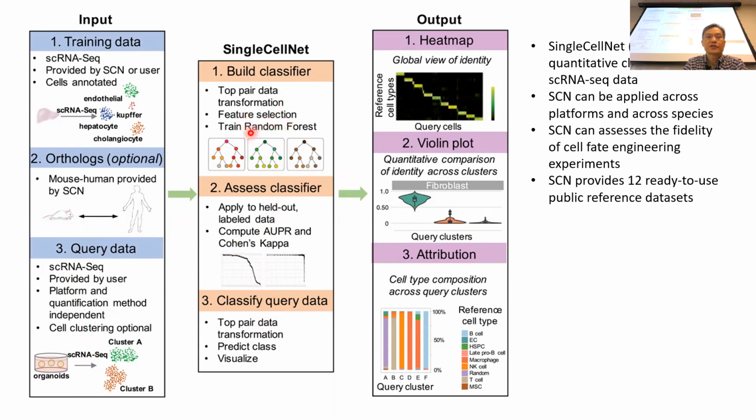Transform, feature selection, random forest. So basically, this is called a random forest prediction classifier. Then the claim is you can have this heat map for a global view of identity. Then a Berlin plot attribute. Well, I don't know.